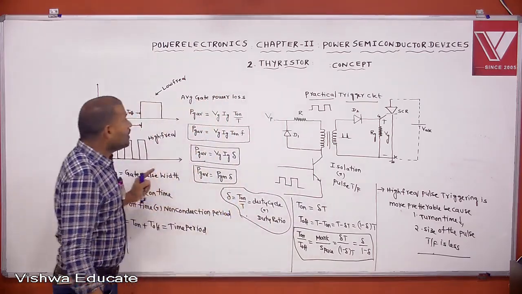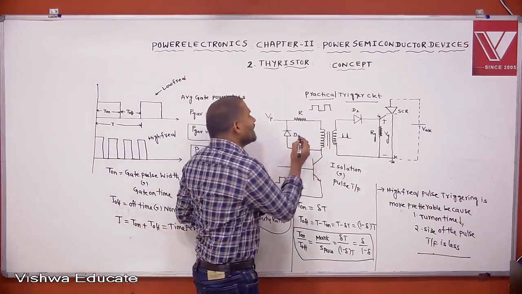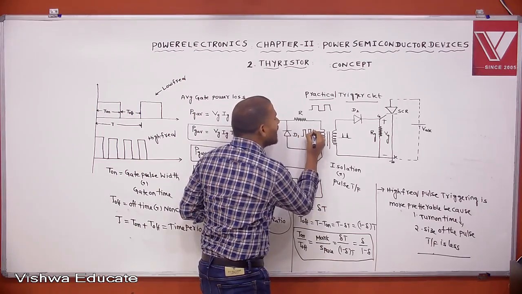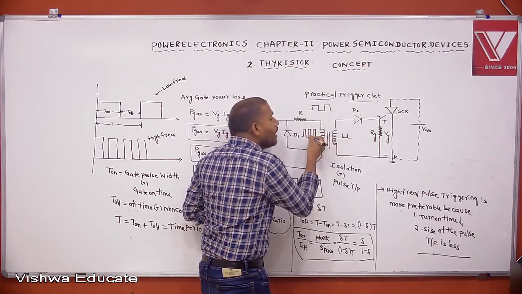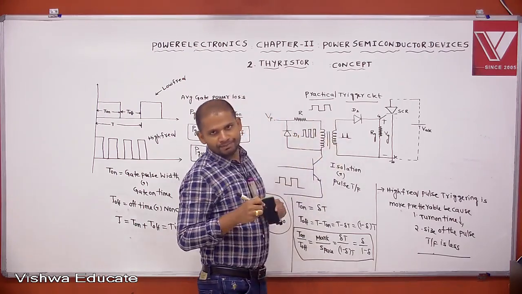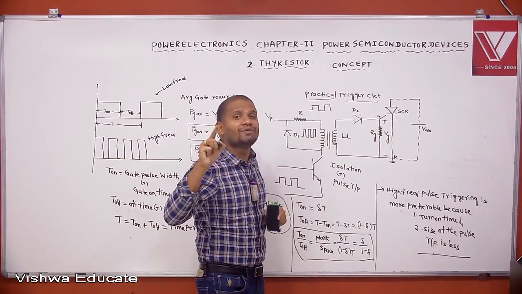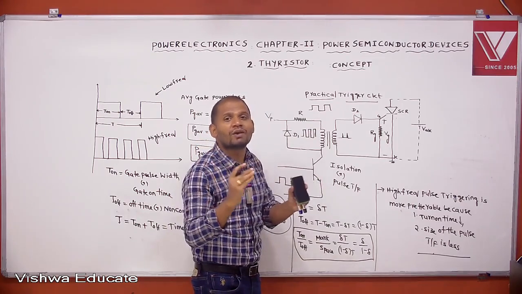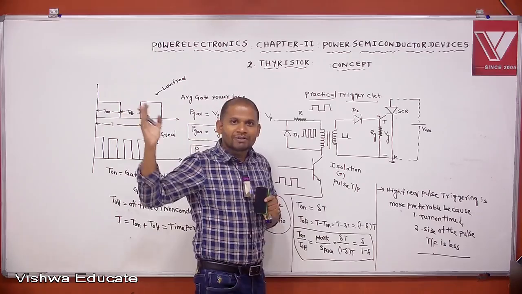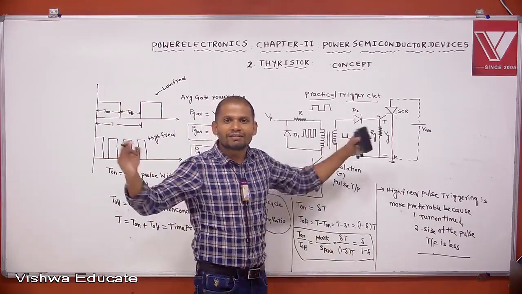In pulse triggering, we are generating pulses with high frequency. If you are generating pulses with high frequency, what is the size of the transformer required to operate at high frequency? If any transformer is designed for high frequency, the size of the transformer is very small. You have seen in power systems we use very large transformers that operate at 50 Hz frequency. What is the size? It is very, very large.